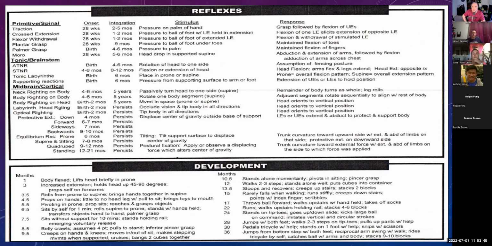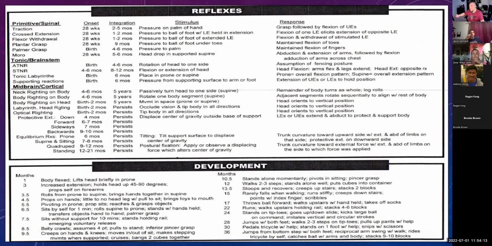Tonic labyrinthine is developing our, oh my God, my brain just completely wiped there. Hold on a second, let me rewind. Developing our patterns for brain injury, honestly, because it helps us understand whether decorticate or decerebrate posturing develops. Tonic labyrinthine talks about either a flexion pattern or an extension pattern based on the position they're in.